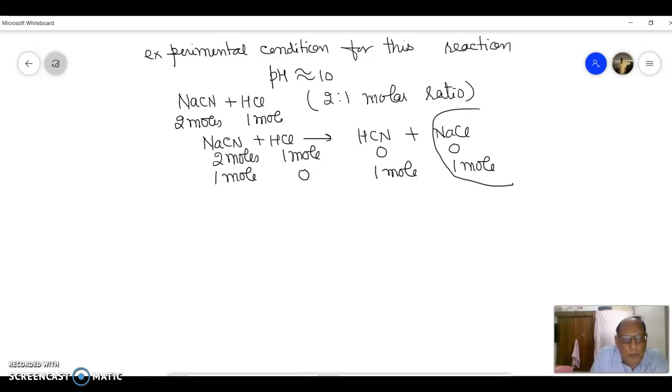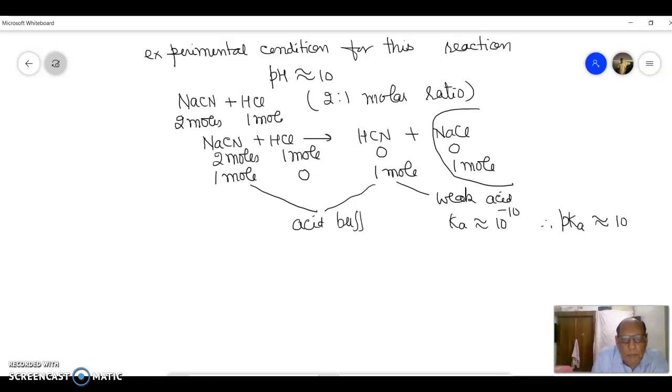The important thing is we have 1 mole of sodium cyanide and 1 mole of hydrocyanic acid. This is a weak acid whose Ka is of the order of 10 to the power minus 10. That means its pKa is nearly 10. So these two form an acid buffer solution, because an acid buffer is that which contains a weak acid and its conjugate base.